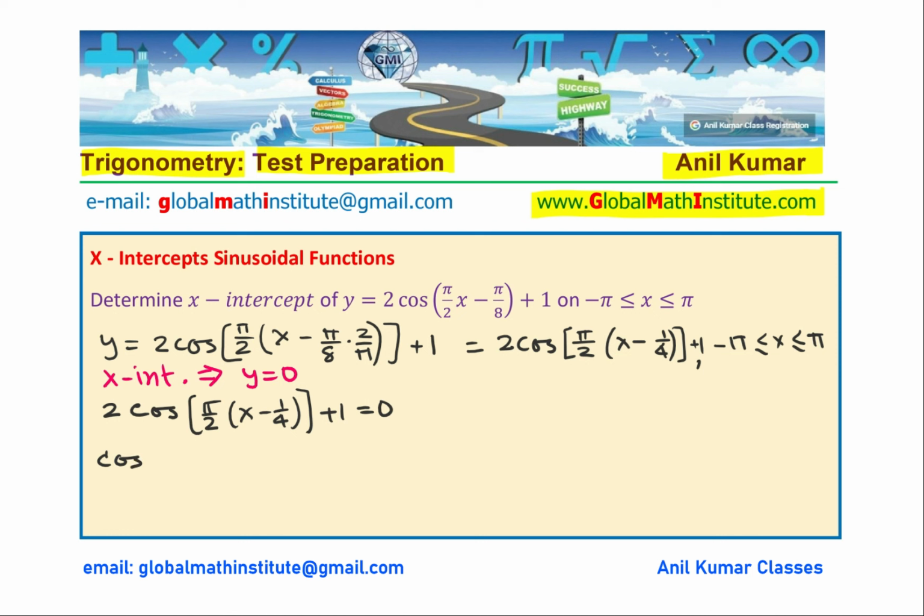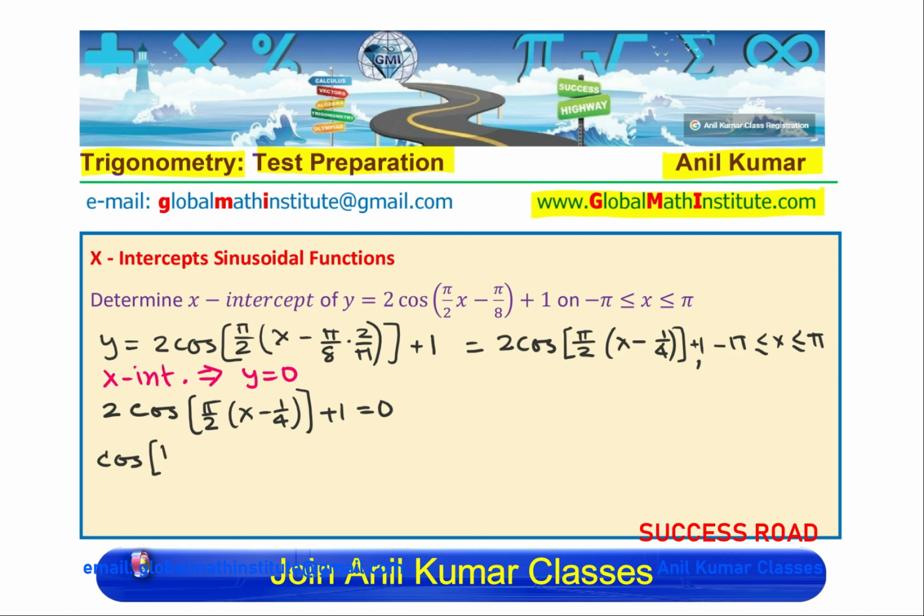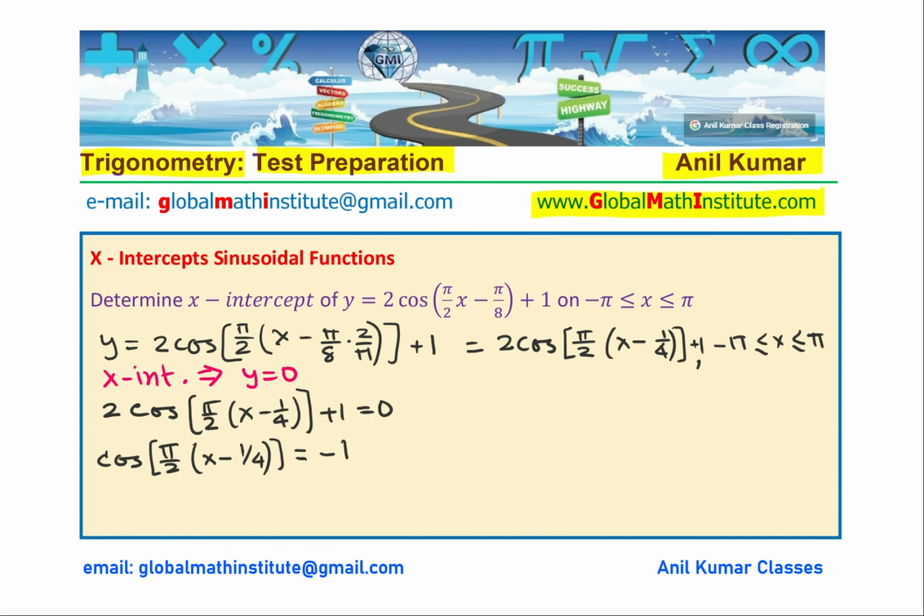So cos(π/2 (x − 1/4)) = −1, and then we are going to divide by 2 over 2. So cos, we got a negative half value. That means that in normal circumstances, this should have been in quadrant... let's figure this out.